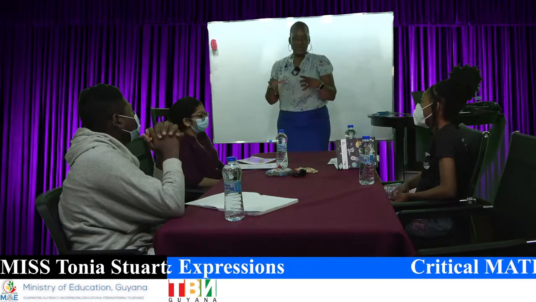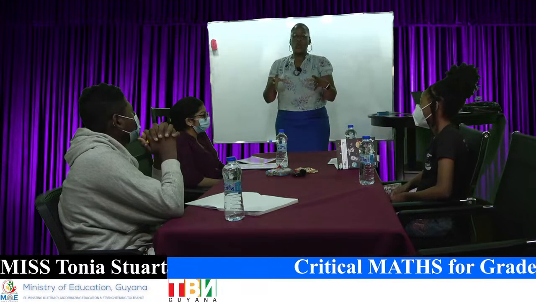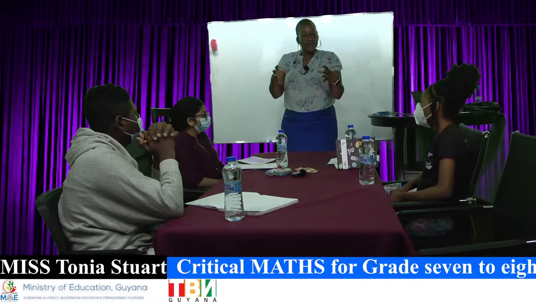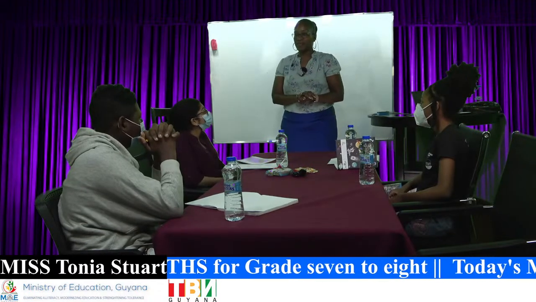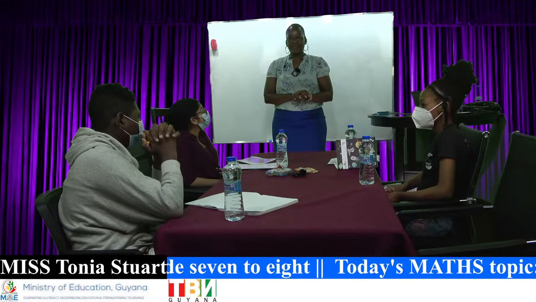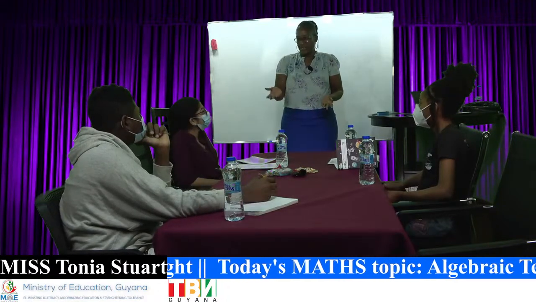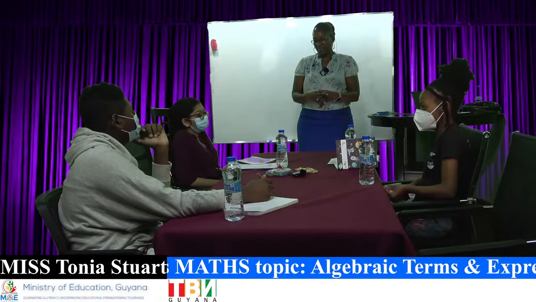You're adding because you're summing it together. Good. So, when you put them together, why didn't you just have 7 of something? It's because they're not equal.